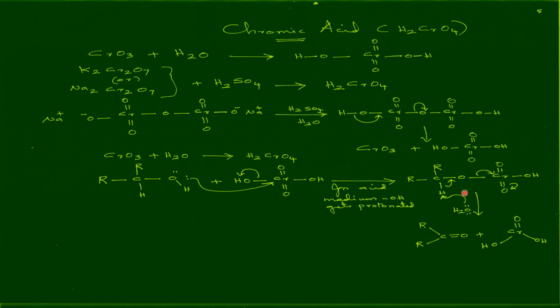Here, the water molecule is behaving as base. Therefore, this oxidation of alcohol with chromic acid takes place in two steps. The first step is the reaction of alcohol as nucleophile with the electrophilic chromium, which is a fast step. Second step is the slow and rate determining step, where the CH bond is broken by a base.